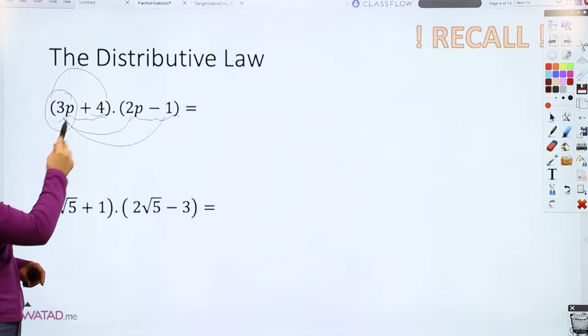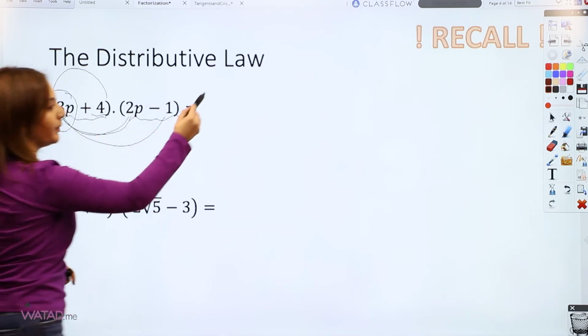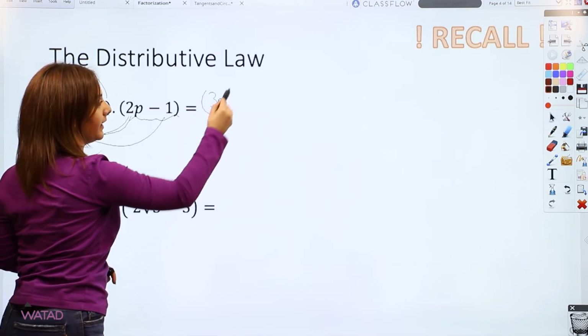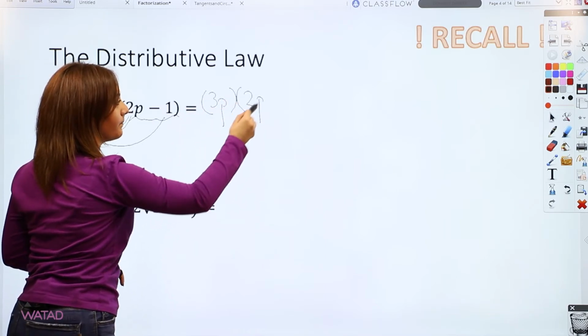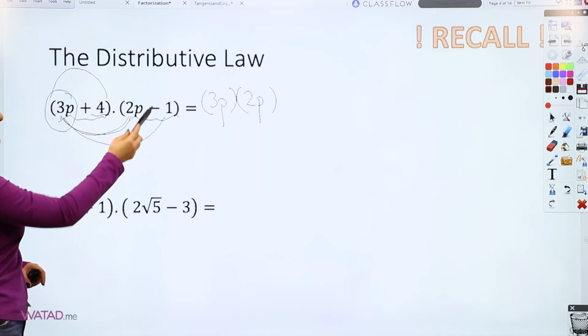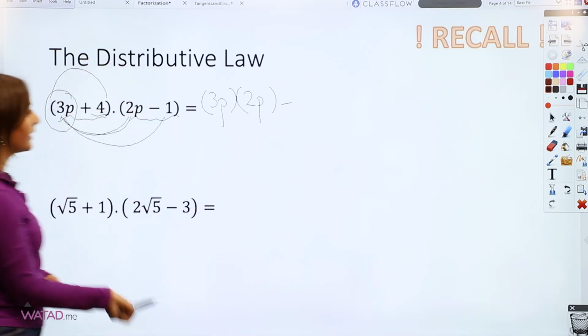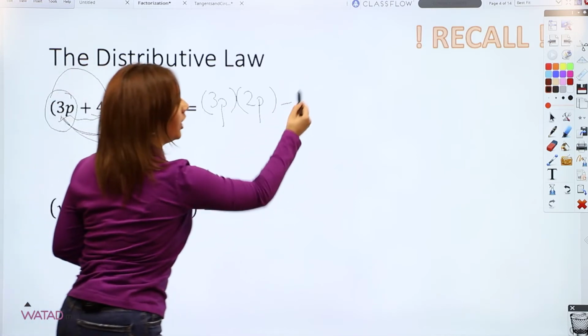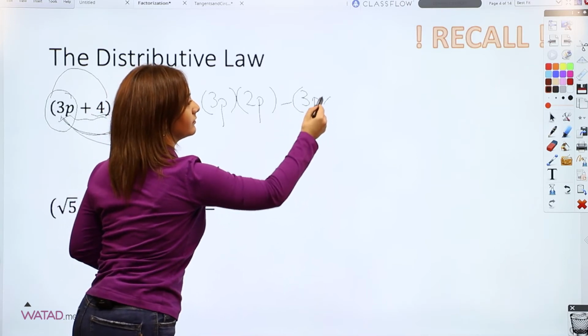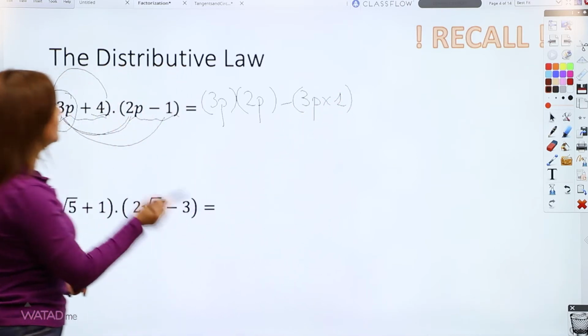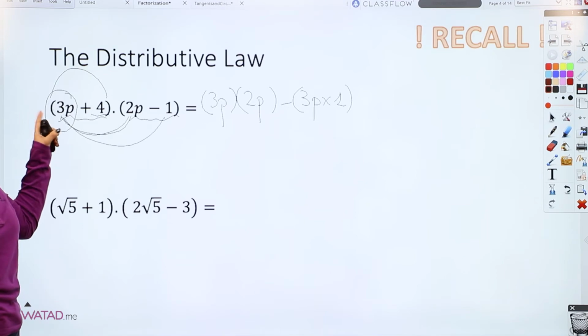Let's start. 3p into 2p minus 1. 3p multiplied by 2p. Plus times minus is minus. 3p multiplied by 1. I'm done with the first term of the first binomial.